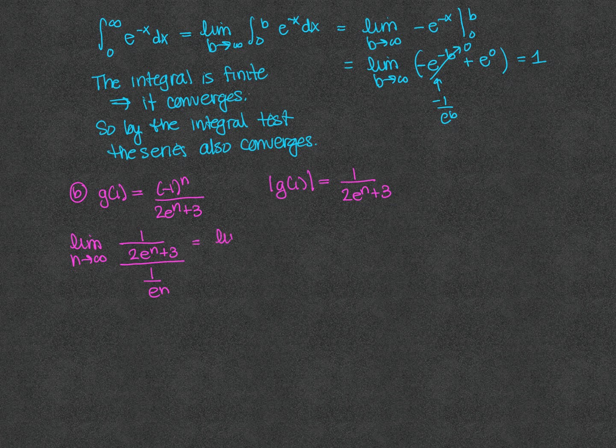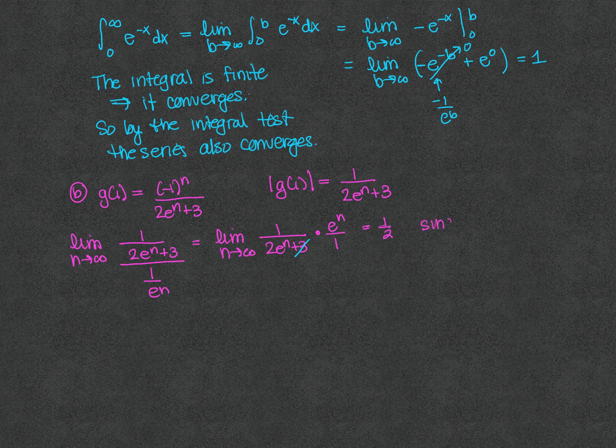If this limit is finite and non-zero, that means they both converge or diverge together. Whatever the known series does, the other one does. So then we're going to multiply by the reciprocal. And you think about as you go to infinity, this plus 3 means nothing. So our limit is going to 1/2.